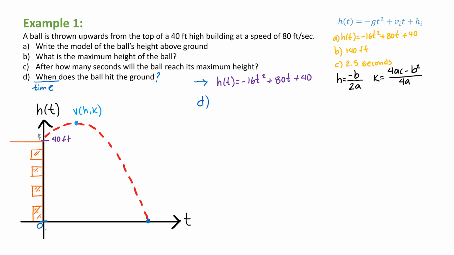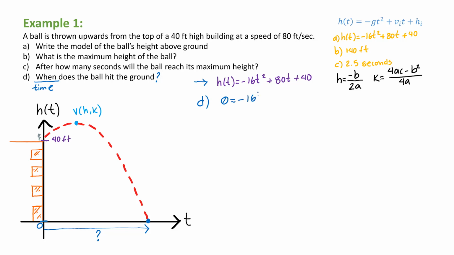So we want to know the time it takes from the start to when it hits the ground. So we're looking for what will usually be the x coordinate, but now it's t. Remember that t represents time. So the height, we know that it's going to be 0 because it's on the ground.